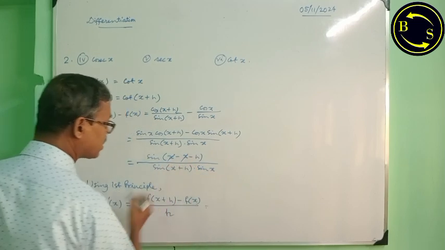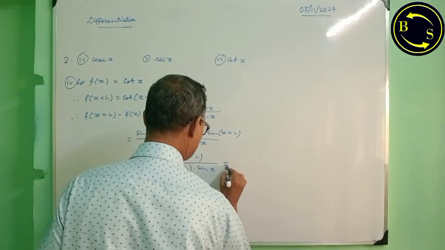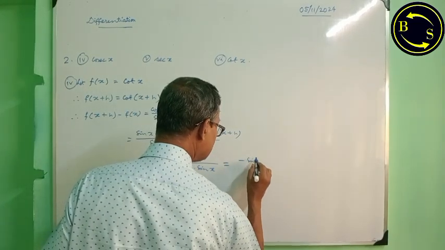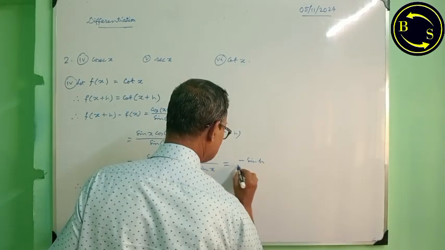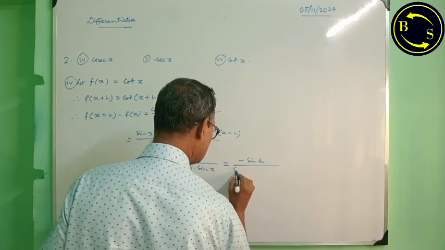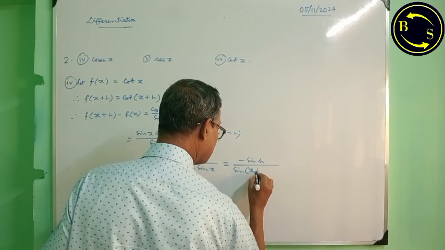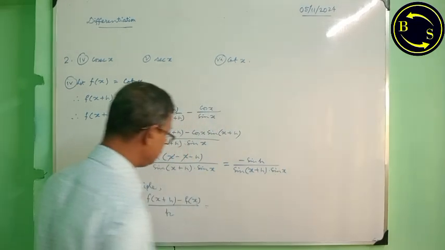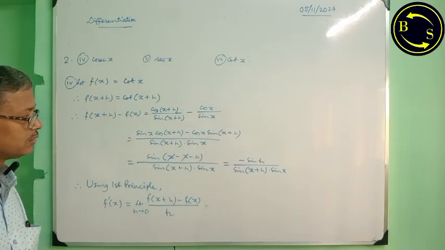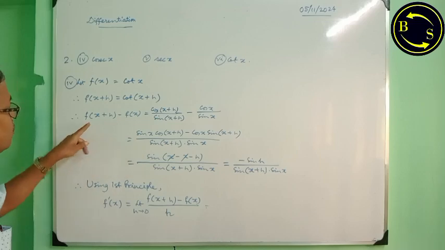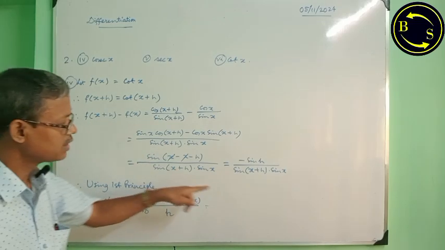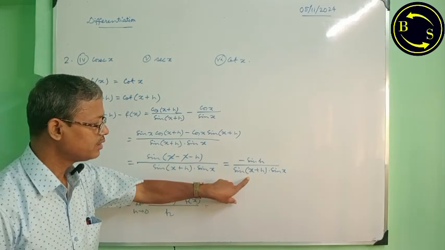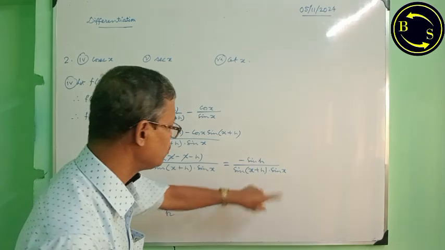Here x cancelled. Therefore, minus sin h by sin of x plus h into sin x. We have got the simplified value of f of x plus h minus f x, that is equal to minus sin h divided by sin of x plus h into sin x.